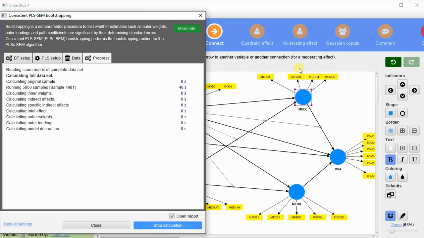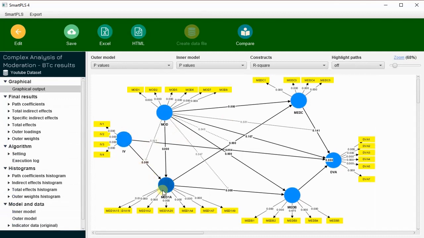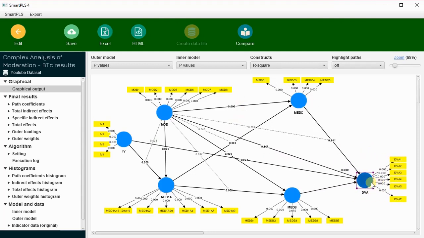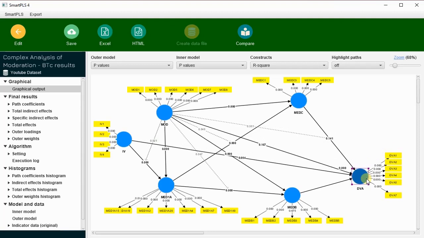You may have noticed that by drawing the moderation effect between the IV to mediator 1, mediator 1 to mediator 2, and mediator 1 to mediator 3, and direct effects also on the IV to DV, these all paths definitely have a significantly different interpretation, a different relationship.